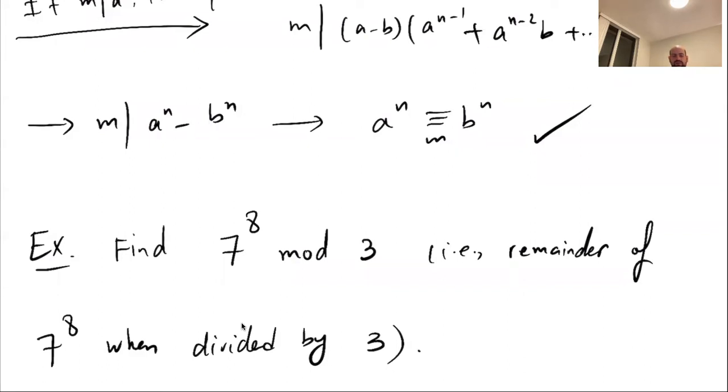So A mod m means if you divide A by m, you get a remainder. And the remainder, remember, is always bigger than or equal to 0 and less than m. You get a remainder with this property. That remainder is called A mod m. So 7 to power 8 mod 3 means the remainder of 7 to power 8 when you divide it by 3.